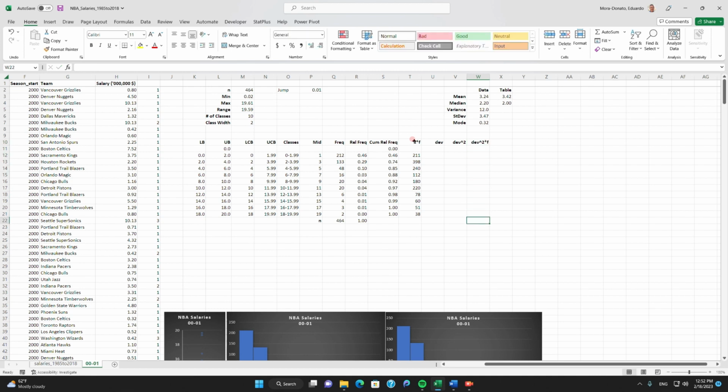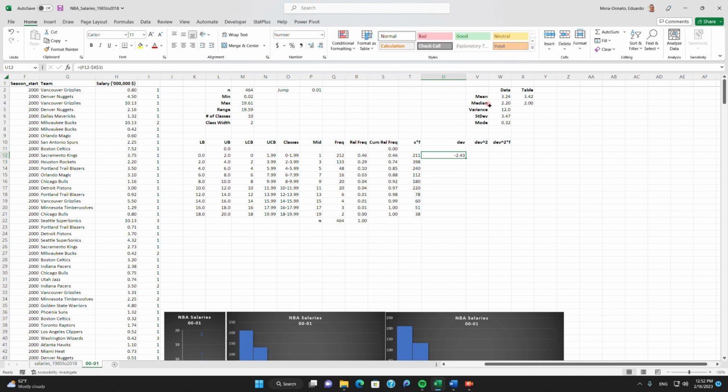I'm going to add all those values and divide by n minus 1. So first the deviation. The deviation for each value is the midpoint minus the mean, the mean here from the table. So I'm going to fix that value.